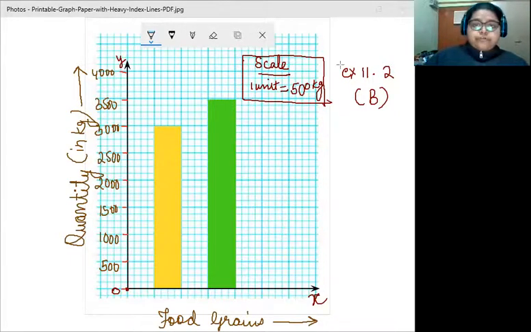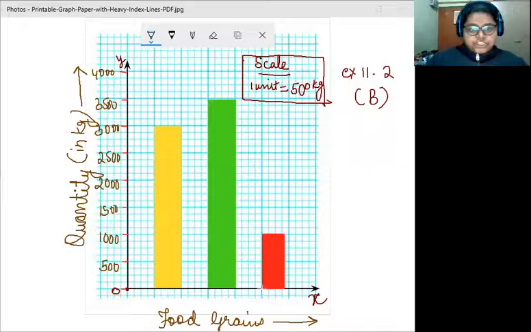Now for maize, it is 1,000. So again, leave one unit and then start. It should start from 0 itself, not up, not down. It should be touching this, and it should be touching this also. Now it comes 2,000.